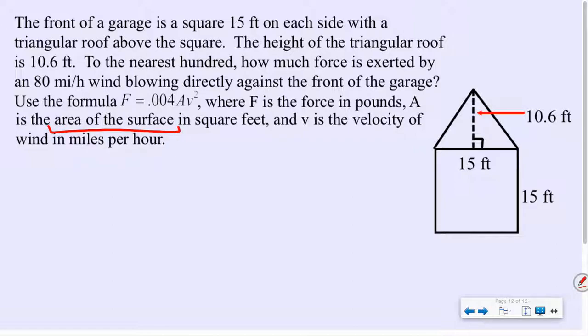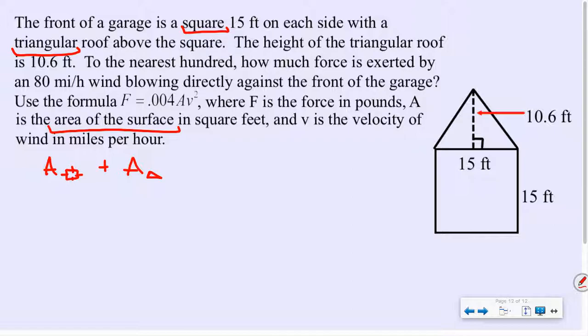And in our case, it's the garage. And it says here the front of the garage is a square with a triangular roof. So in order to calculate the area of my whole garage, what are we going to have to do? Find the area of the two separate shapes and then add them together. So we have to find the area of the square and the area of the triangle and then add them together.